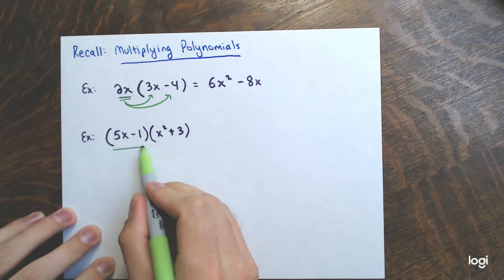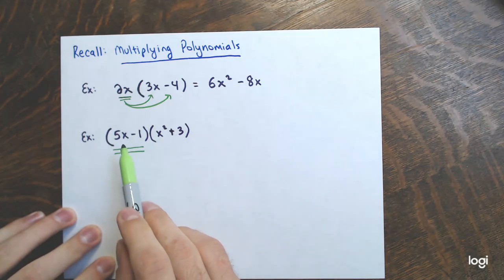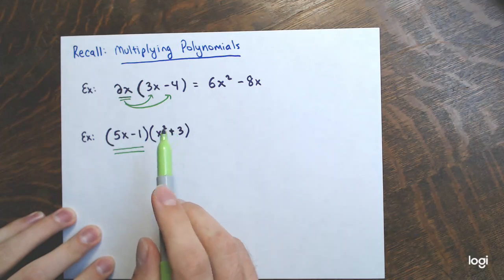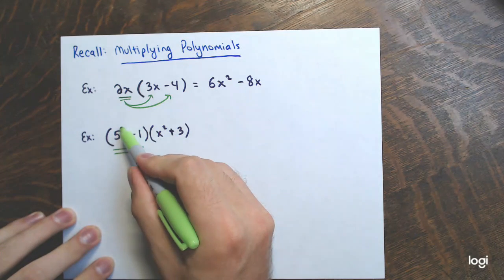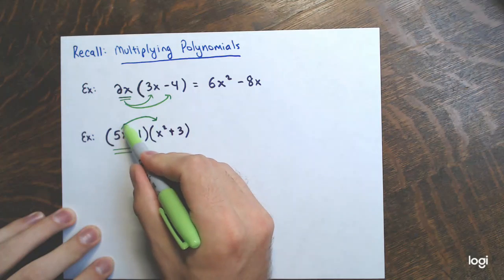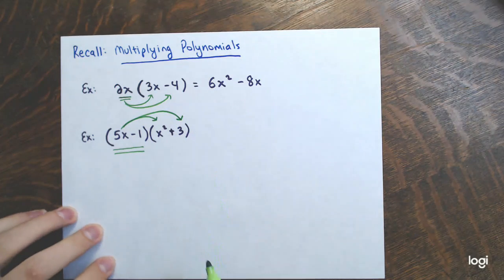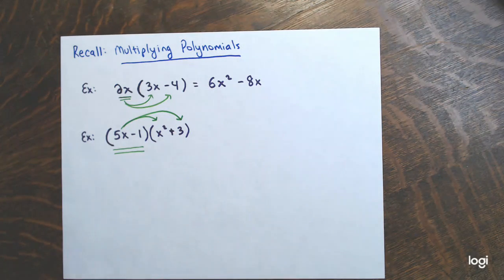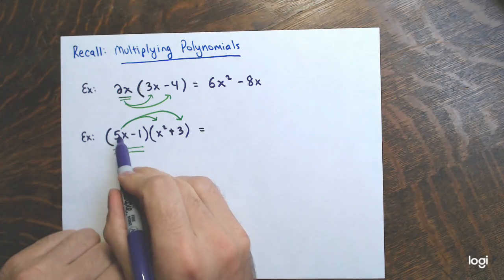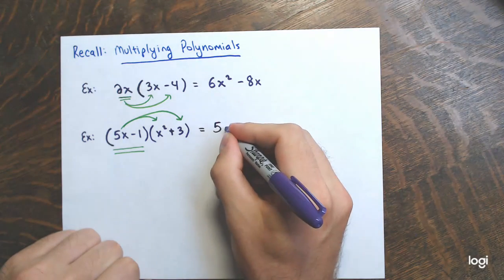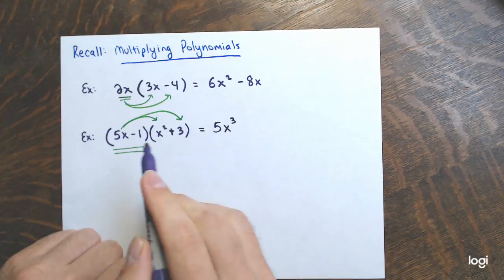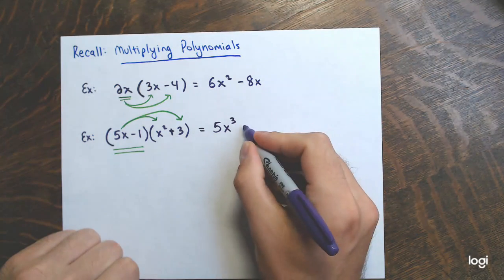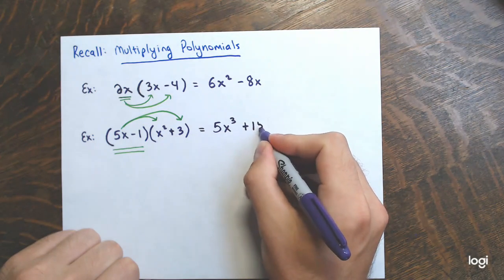You picked one of them and then you distributed every term from the one you chose to all the terms in the other one. So I would start off with the 5x and distribute the 5x to the x squared plus 3. All right, that would give me 5x times x squared would be 5 times x to the third power. 5x times the positive 3 would be positive 15x for the next term.